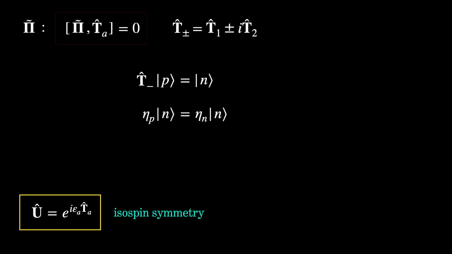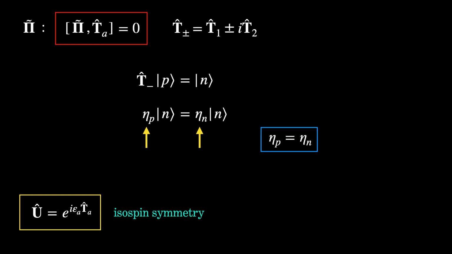Thus we see that the isospin being parity invariant implies that the proton and the neutron have the same intrinsic parity. This result is quite general and applies not just to this nucleon doublet. All the members of any isospin multiplet must share the same intrinsic parities.